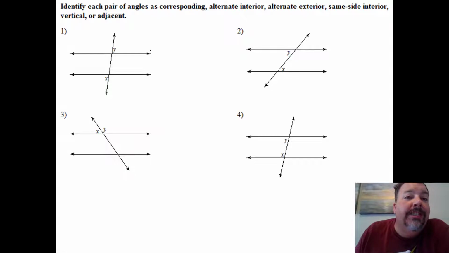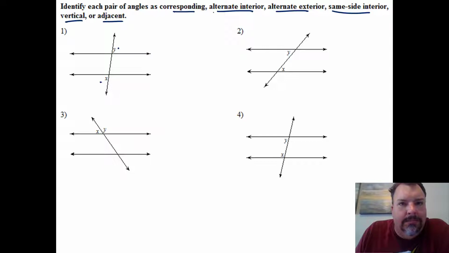So let me work out some of these for you. So number 1, which of these relationships does number 1 have? Is it corresponding, alternate interior, alternate exterior, same side interior, vertical, or adjacent? Well, if you look at these two angles, they're on the outside. So that means that it can't be the alternate interior and it can't be the same side interior.